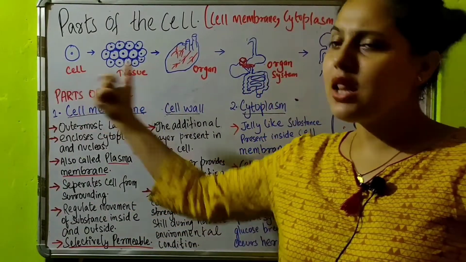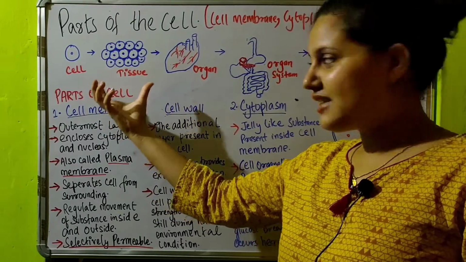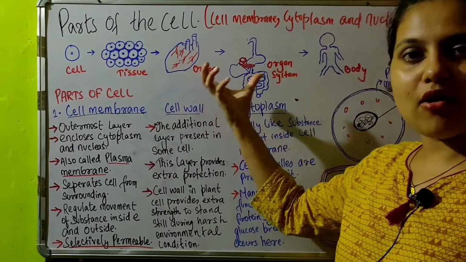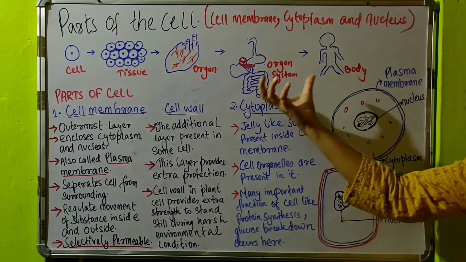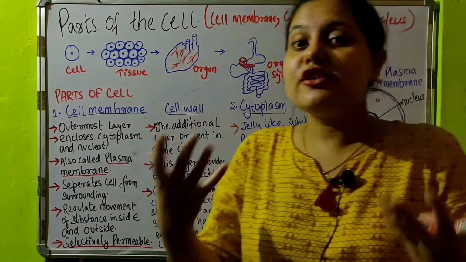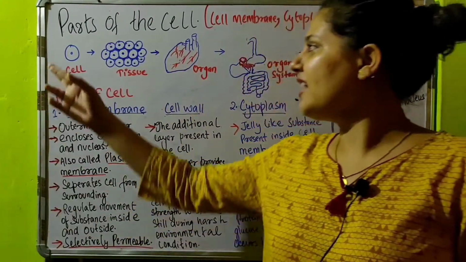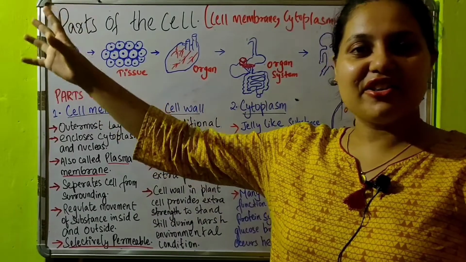Cells combine to form tissue, tissue combines to form organs, organs combine to form an organ system, and organ systems combine to form a body. That means what are we eventually made up of? What is the basic unit which is making up our body? That is the cell.